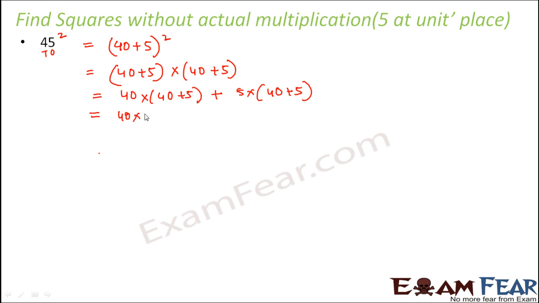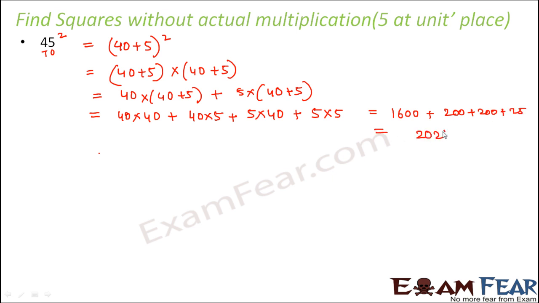So this becomes 40 into 40 plus 40 into 5 plus 5 into 40 plus 5 into 5. So 40 into 40 is 1600 plus 200 plus 200 plus 25. So this comes out to be 2025. So this is the square of 45.